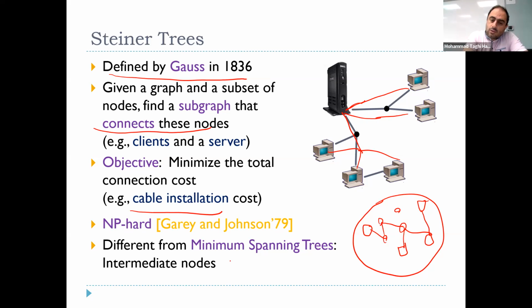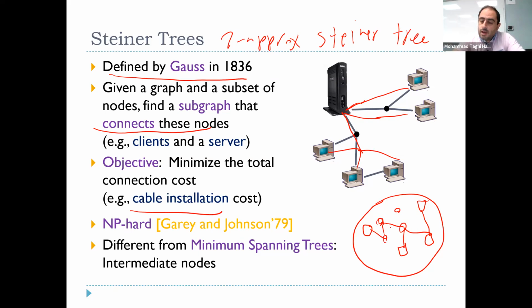So to get a two approximation for a Steiner tree, you can just consider these terminals. It might not be the whole set of vertices in the graph, but a spanning tree that contains everything.